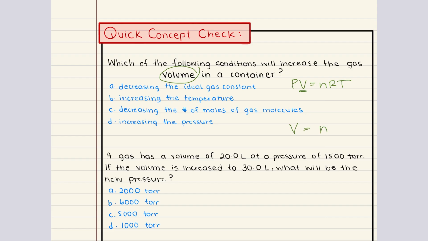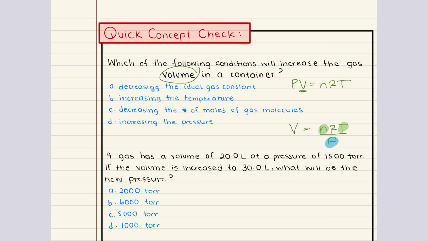Volume is equal to nRT divided by P. From this equation, we can see that volume is directly proportional to temperature and the number of moles, and it's inversely proportional to the pressure. Keeping that in mind, let's analyze each option.